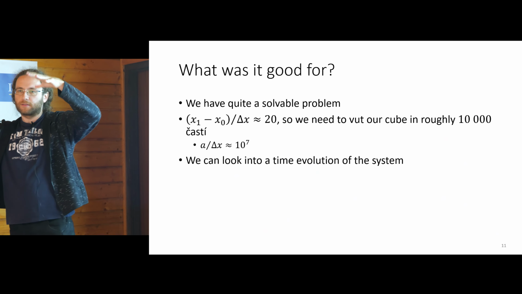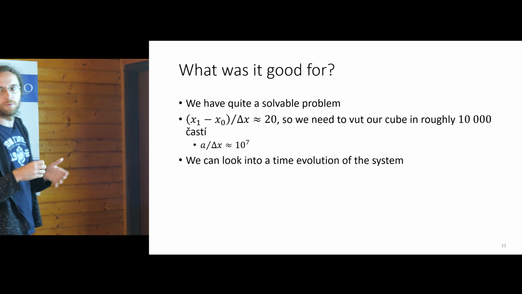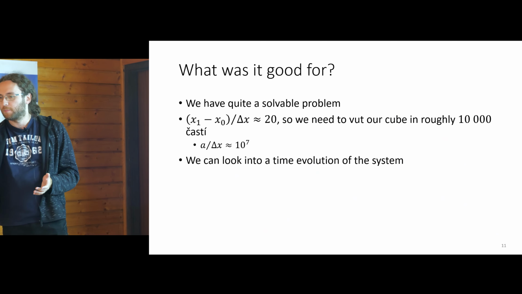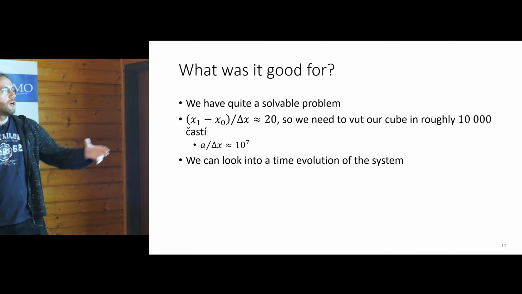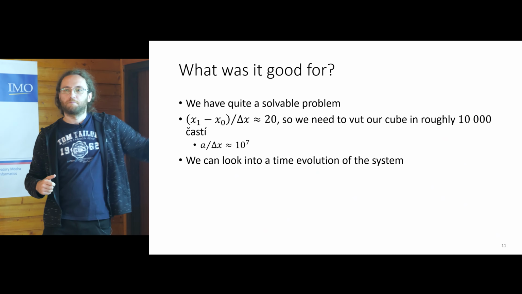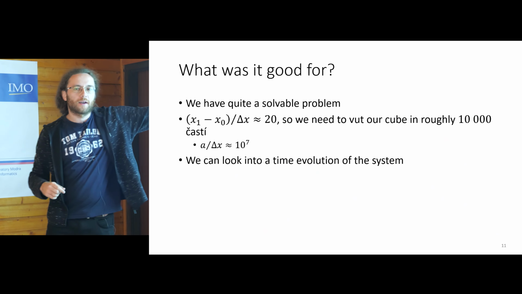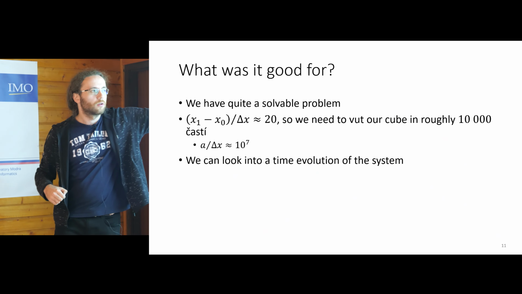We can cut this cube we have just found into some 10,000 parts, give or take. Even if it's 50,000, it's still manageable by that computer. If we wanted to do the whole solar system, just on the x-axis, it's 10 to the power of 7. And okay, this can be trivially made smaller, but it's still quite a lot.